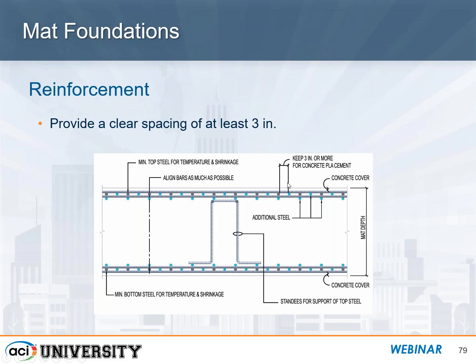We'd also like to keep at least 3 inches clear between the bars for that reason. And also, vibrators have to go in here. So there are a lot of constructability issues that can occur, and spacing the bars as recommended here will help alleviate some of those issues.